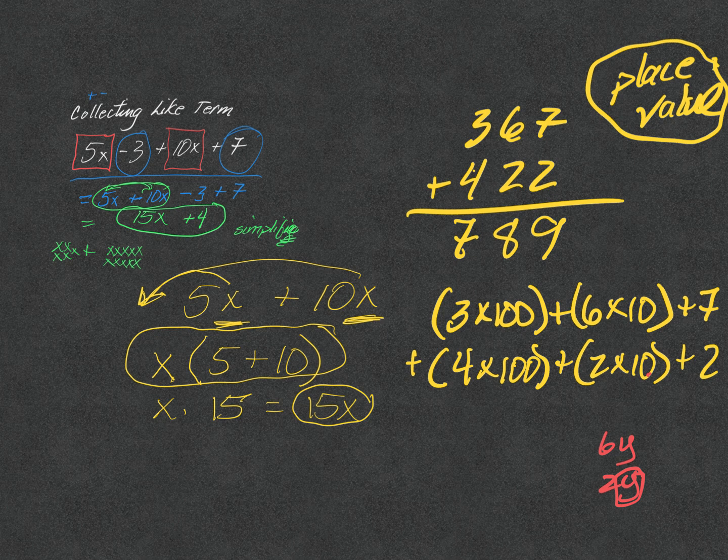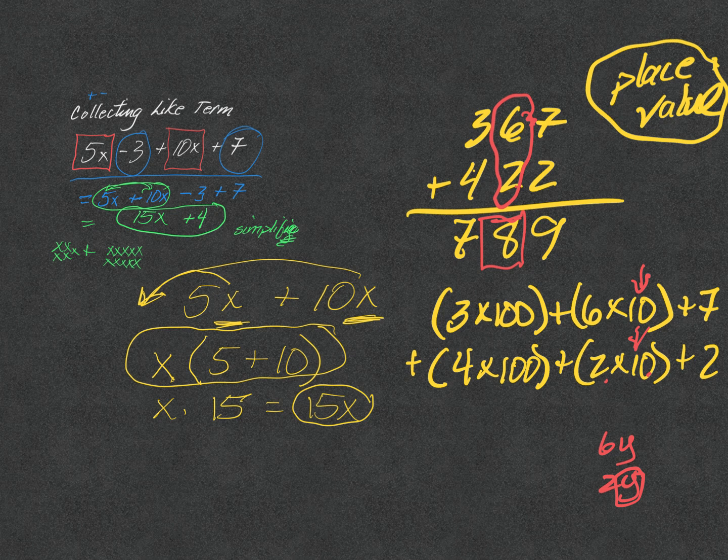Because they have the same place value, they are like terms, and that's why we add the 6 and the 2 together right here. Not because they are lined up, but because they have the same place value. And that's why we line them up. The lineup just helps us add the correct ones together visually.